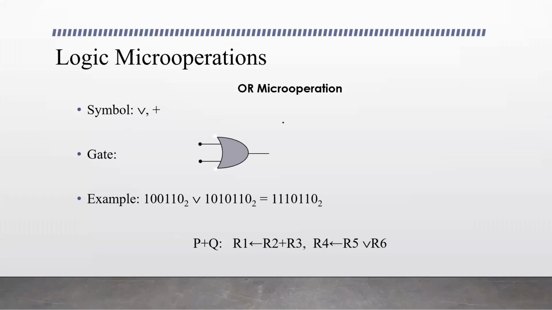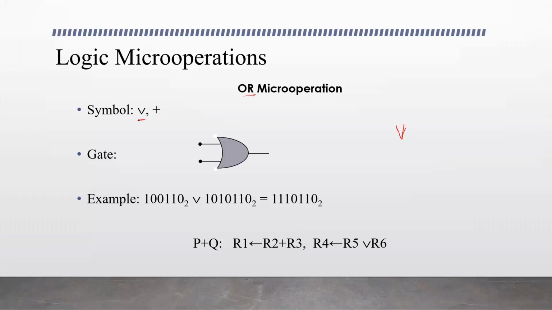So first is OR microoperation. Here these operations perform logic operations on bits. The symbol used to represent OR microoperation is this.